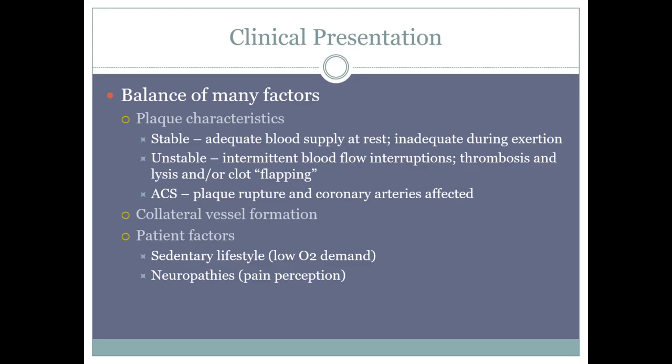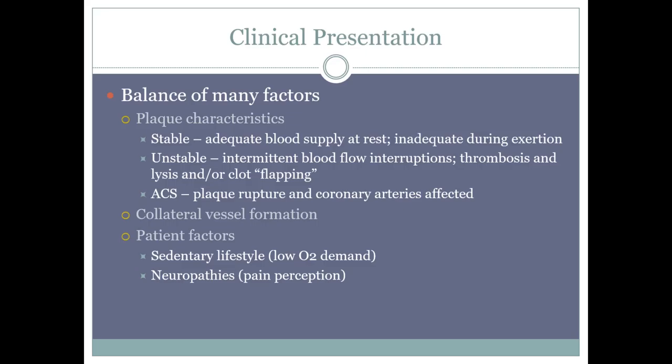Because in these areas that are affected by atherosclerosis, they don't vasodilate, even though your body wants to. So it's a very fixed obstruction. But the body does recognize, particularly if that obstruction is there for a long period of time, and it'll form new blood vessels, what we call collateral blood vessels, that can bypass that obstruction.